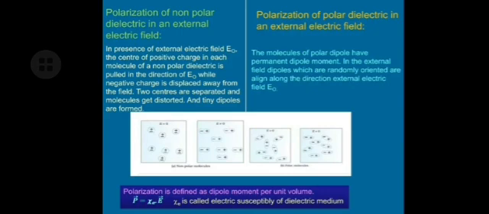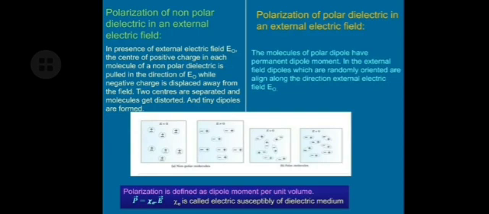In polar dielectrics the dipoles are already present, but these dipoles are in random positions. The direction of the dipoles is randomly oriented, so they have no net dipole moment due to the thermal agitation.